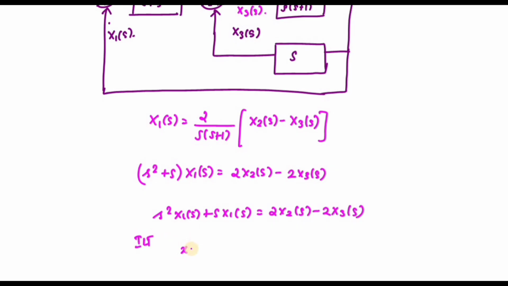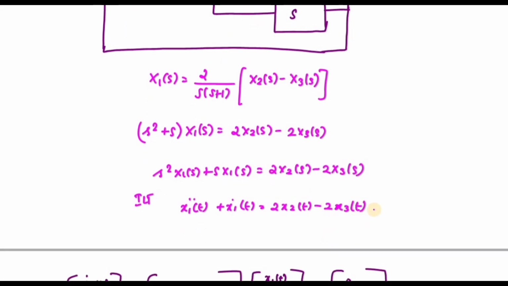On taking the inverse Laplace transform, I will get x1 double dot(t) plus x1 dot(t), because I have only s, so I give only one dot, that is equal to 2x2(t) minus 2x3(t). Okay, so this is my first equation.